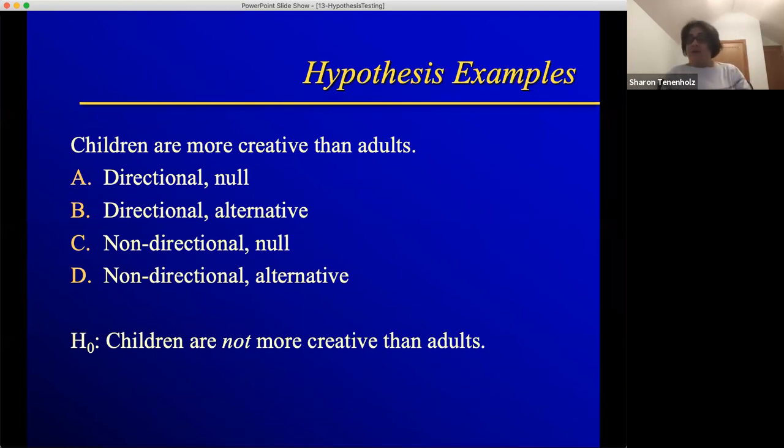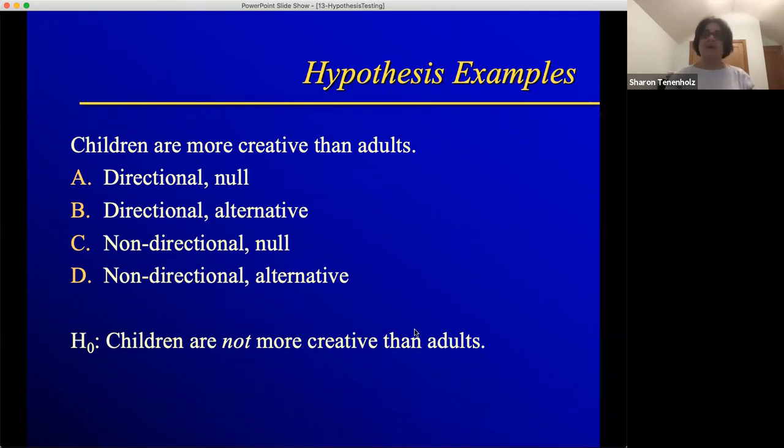Notice here that just as I didn't say that they're just as creative, I also didn't say that they're less creative, because that would leave out the possibility that they're equal. So either it's more or it's not more, meaning same or less. And that covers all of our bases. That's a really important thing to do here for reasons we're going to see.